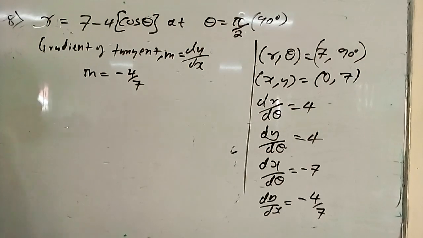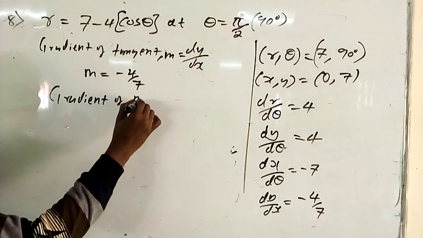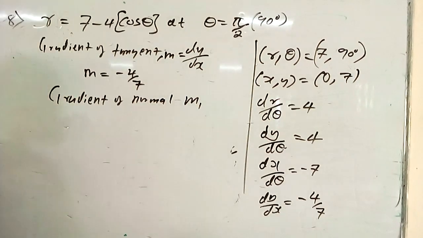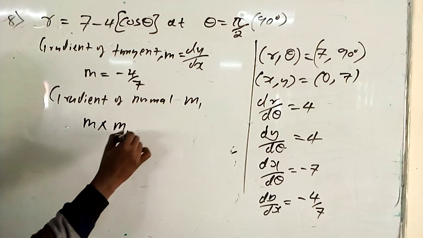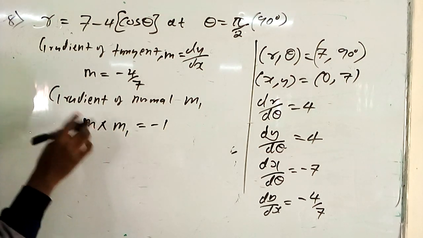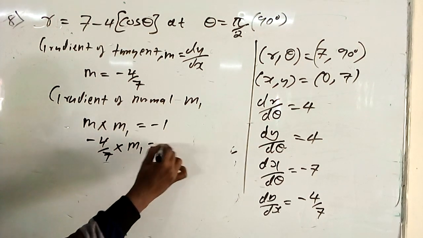If the gradient of the normal is m1, you know the normal is perpendicular to the tangent, meaning gradient of tangent times gradient of normal is negative 1. So negative 4 over 7 times the gradient of the normal is negative 1.